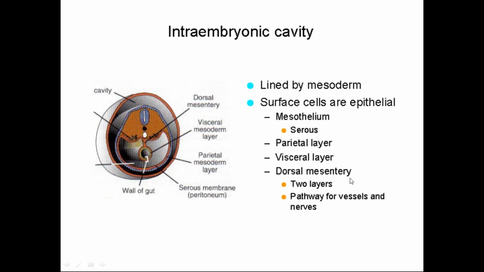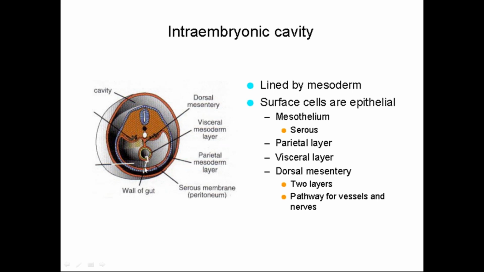Dorsally we have two layers, where both the visceral and the parietal layer unite to form the mesentery. When it goes to the dorsal side, it's the dorsal mesentery. When it comes to the ventral side, it's called the ventral mesentery. But as I told you, the ventral mesentery disappears in the lower part, excepting where we have the lesser omentum and the septum transversum.